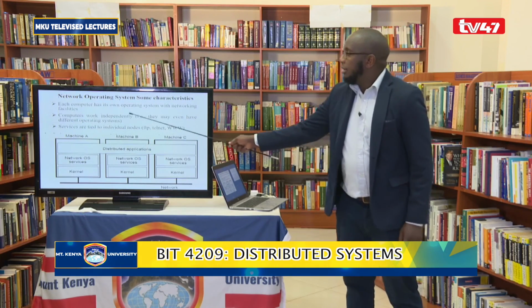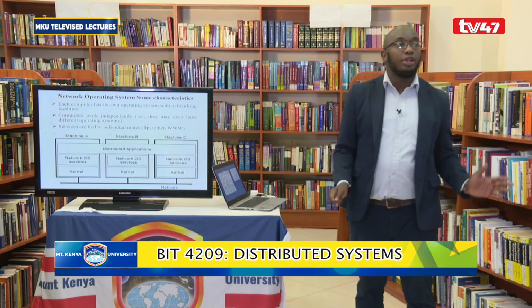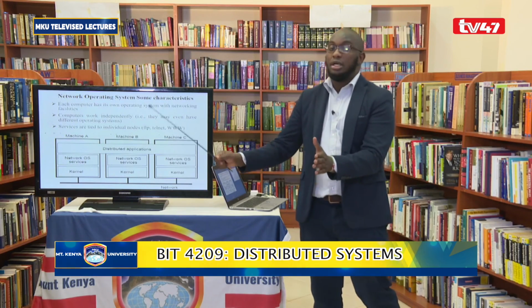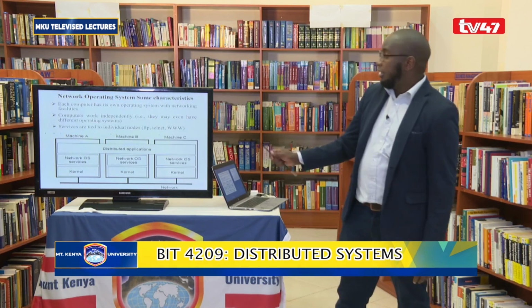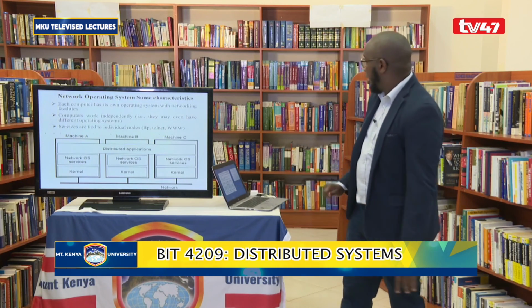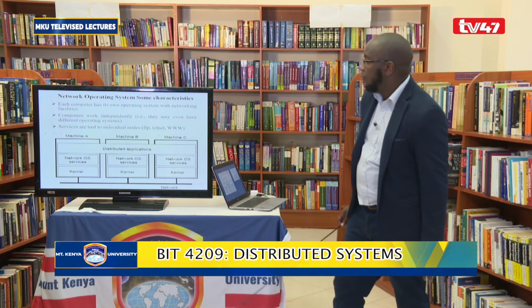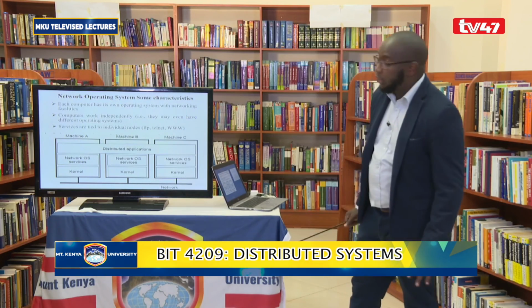So in the network, you have to know that you have different users, right? And they have different choices. So they have different operating systems, and they have their own protocols that they use. So they work independently. You don't need to control them.